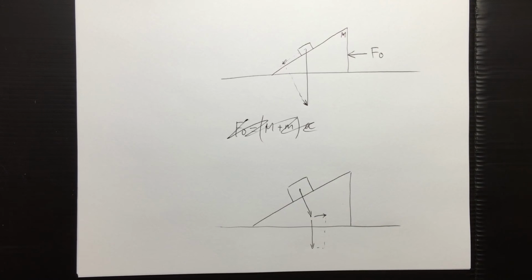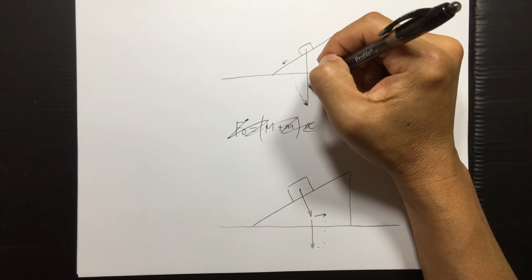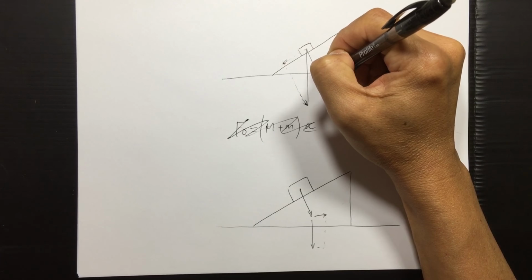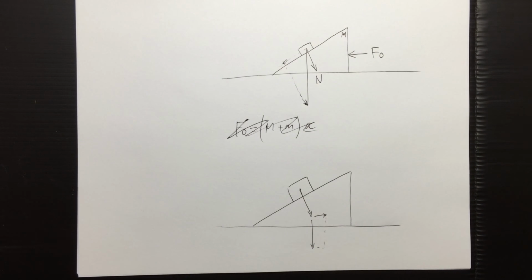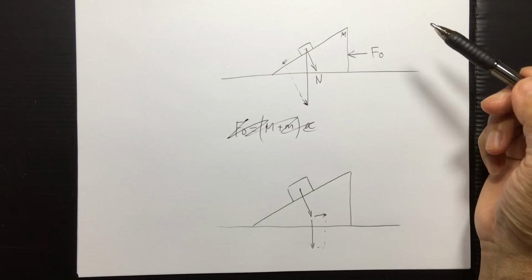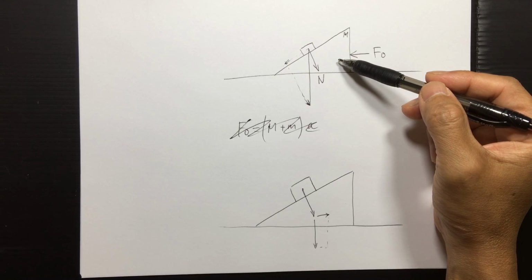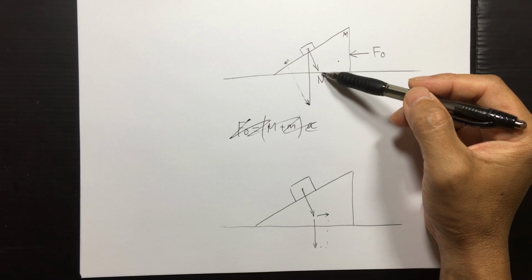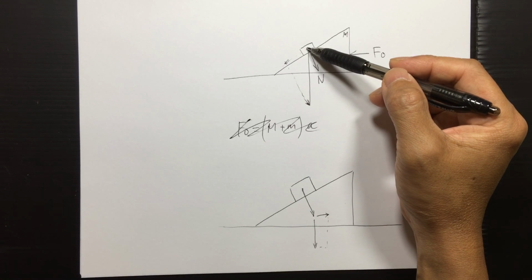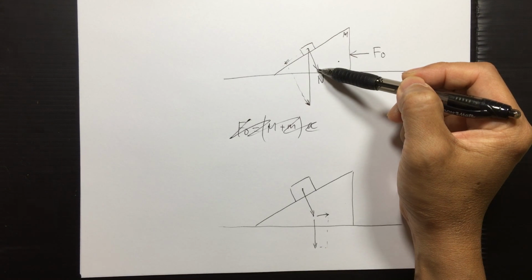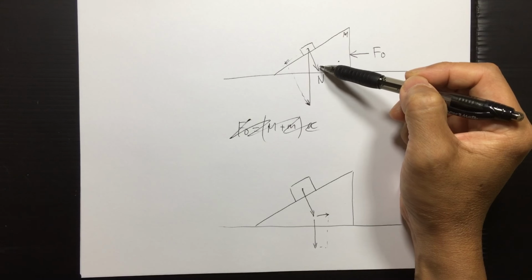Assume this is N, unknown. This force is unknown, the force between the two blocks. Then for this block, you know the F, you know the N, you can write equations. And on this block, you know the F, and this N becomes an unknown force. Mg you know. N you don't.